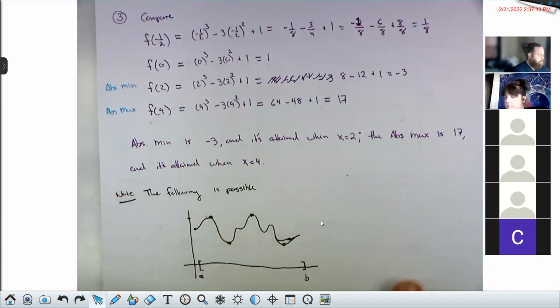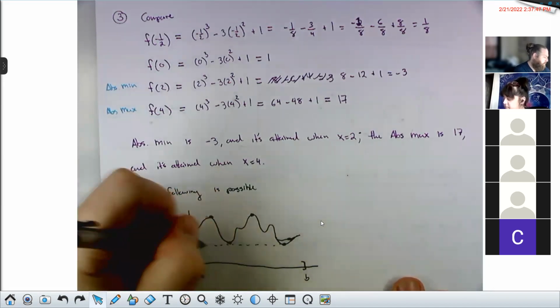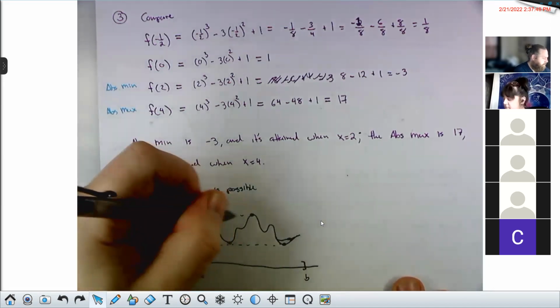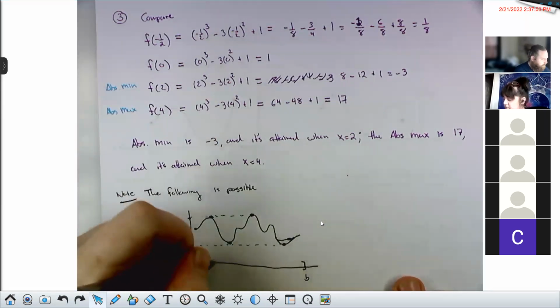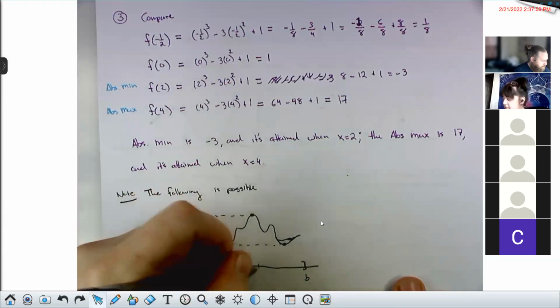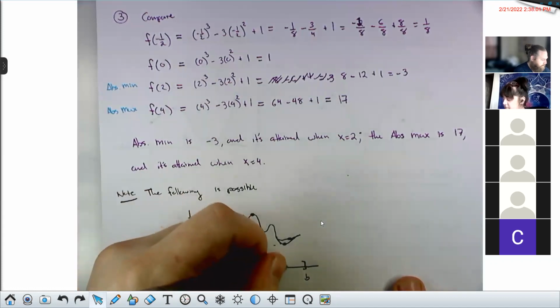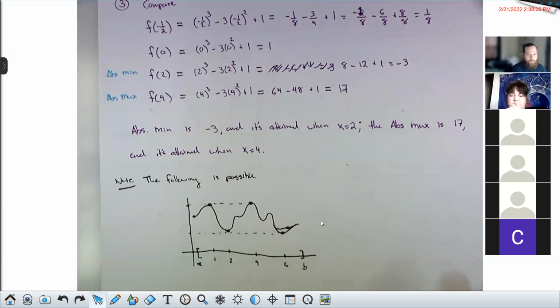So here your absolute min, if we pretend my art is better, and these are both on the same y value, and your absolute max right here, these are both on the same y value. If this is like 1, 2, 4, 6, then your absolute max is whatever this y value is.